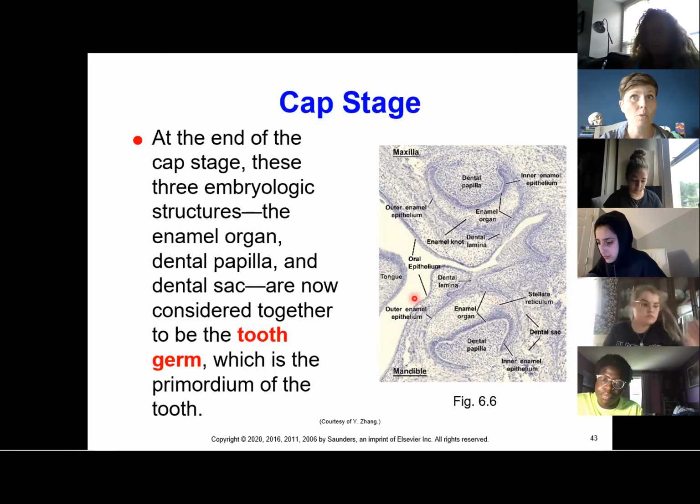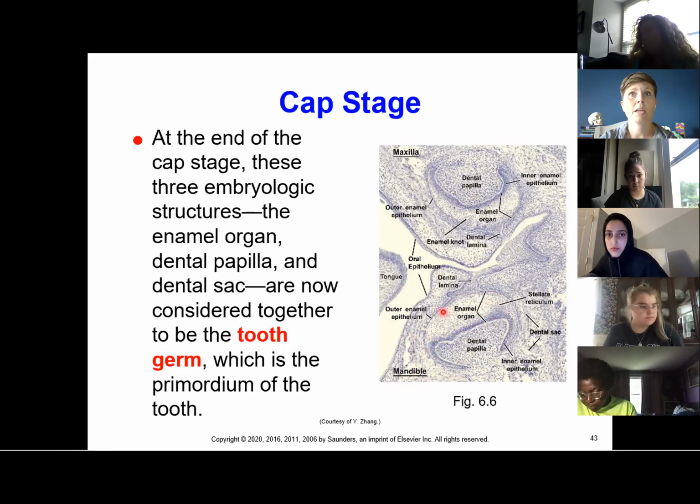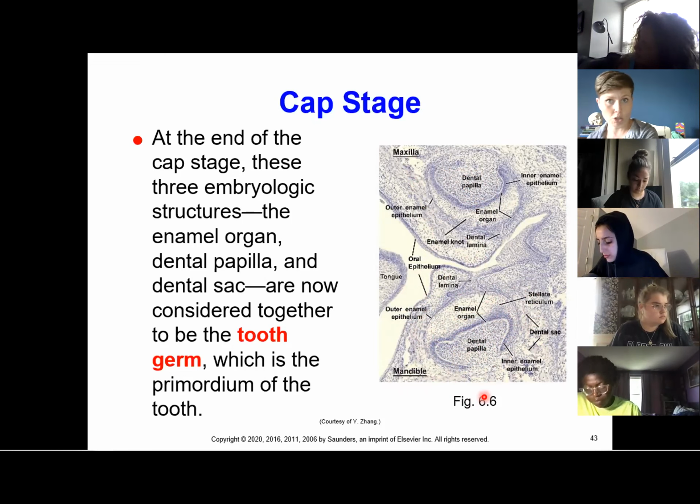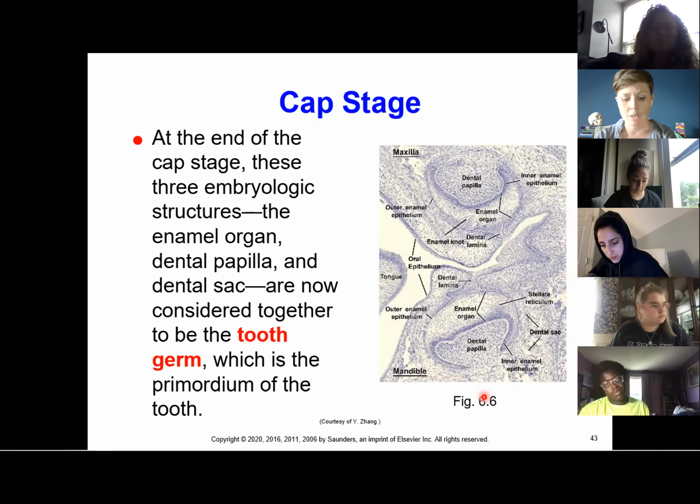This is a top tooth because remember, this is the mandible, and this is the maxilla up here. And here's your oral epithelium, here's your little tooth. That whole thing is called a tooth germ, which is the primordium of a tooth. So the tooth germ will eventually become the tooth, just like the stomodeum is the primordium, the primitive mouth.